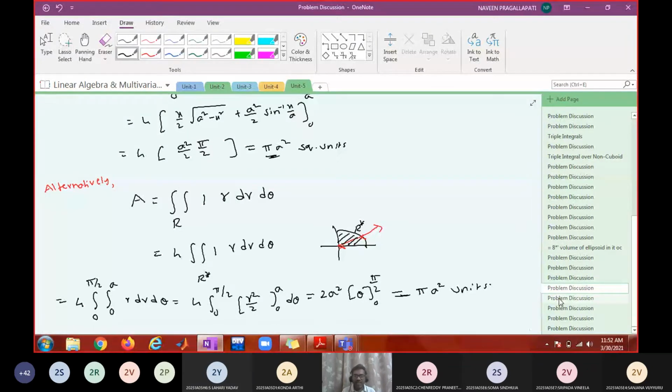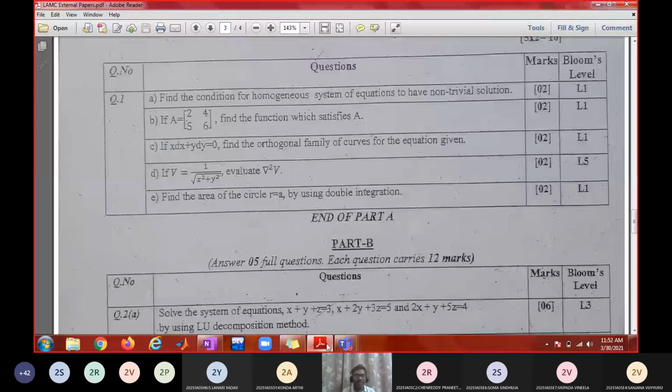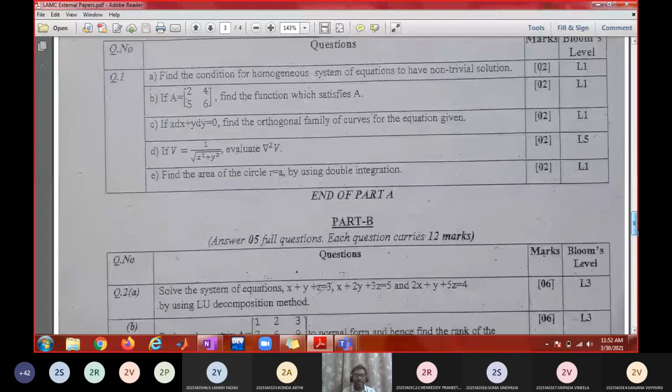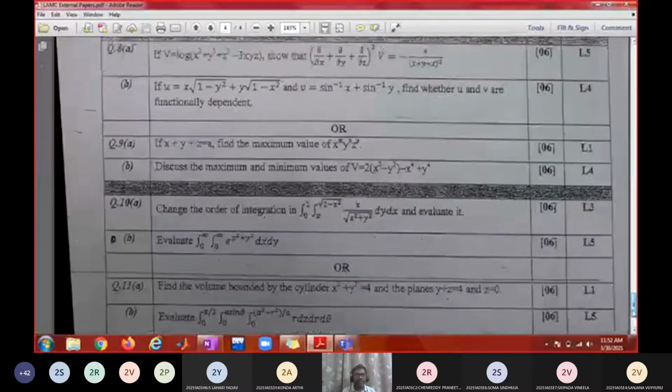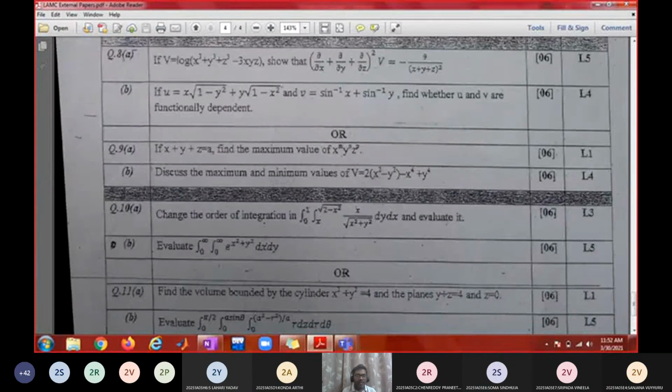What is another problem? See here: change the order of integration of the integral and evaluate. Copy this problem.